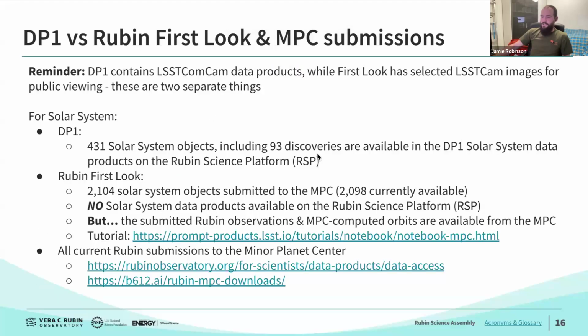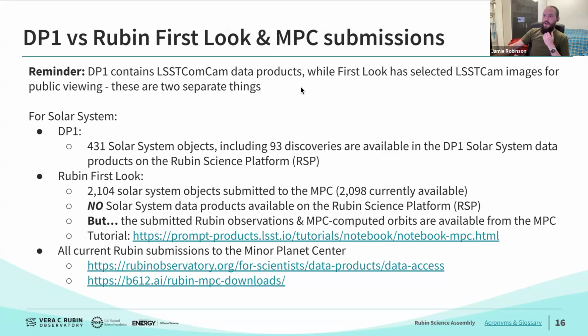In the last couple of minutes before leaving some time for questions, I alluded to before that there's a not quite DP1 but additional set of data that you can use directly from the Minor Planet Center.